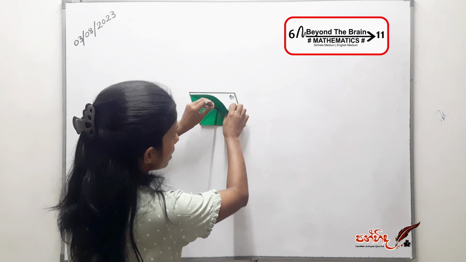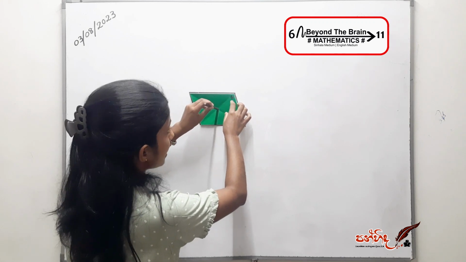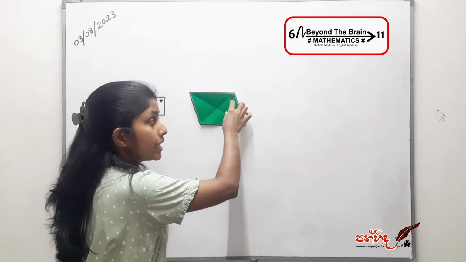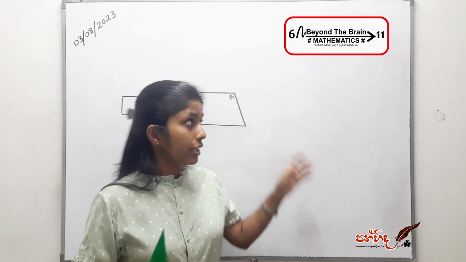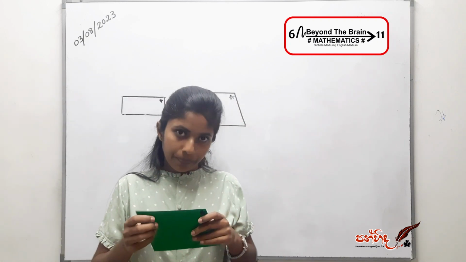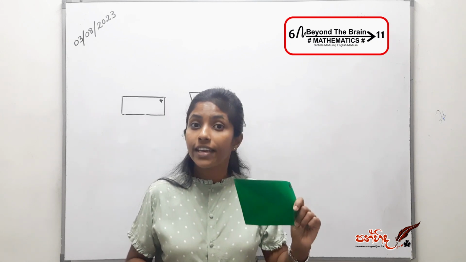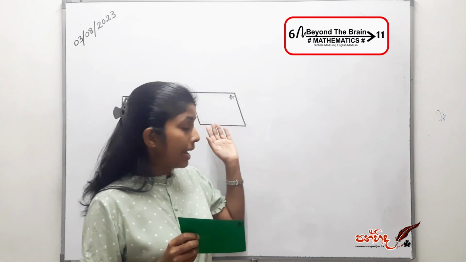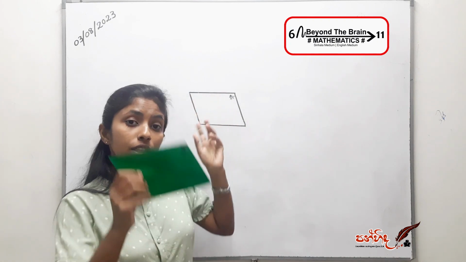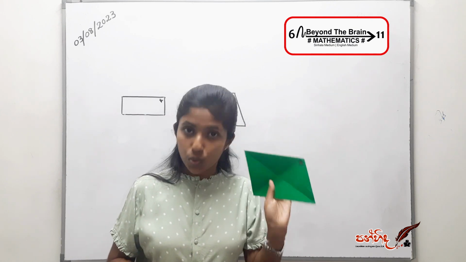So one rotation has been completed, and in this case you can understand that within the first rotation it has coincided with the figure on the board 2 times. That means this parallelogram also has rotational symmetry, right? And the order of rotational symmetry of a parallelogram is 2.